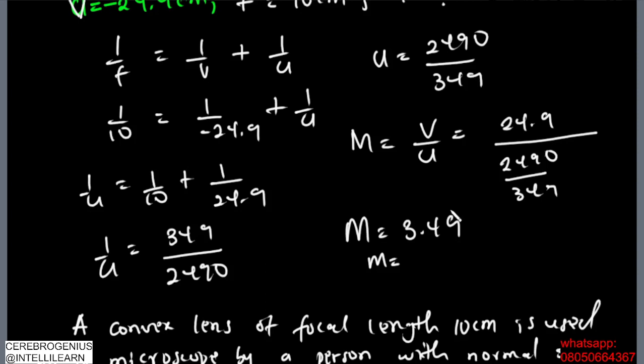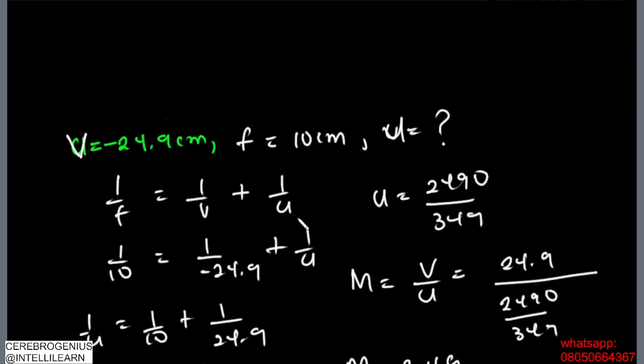So this is the correct way to do it. It will be 3.49, but it won't be a microscope in this case. It won't be a microscope because 24.9 is closer than 25. So look at that, 24.9. I made a mistake before saying that it is less than 25 and that it is possible. No, it's not possible. What we are considering is that the object cannot get closer to you than 25.